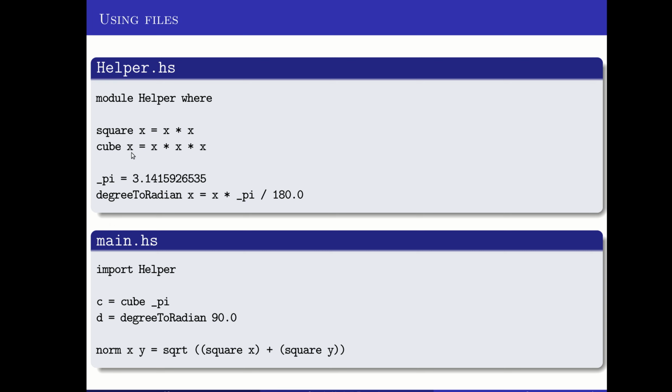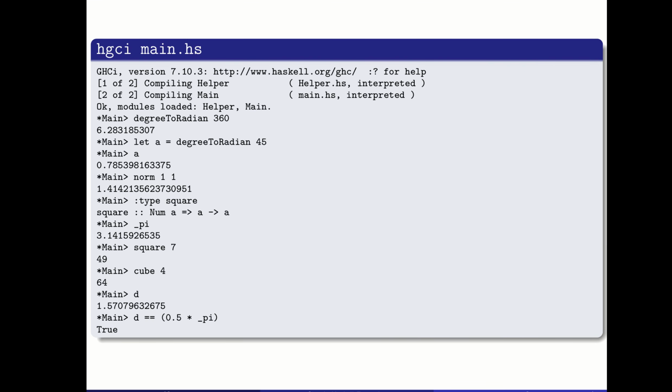In our files, we won't have to use let, so we don't have to say let square x equal x times x. But if we wanted to try this in the interpreter and just sort of copy and paste it in there, we would have to add a let before it in that case.